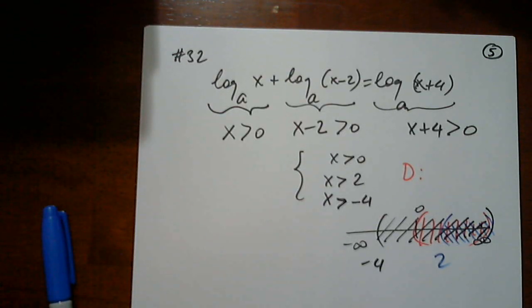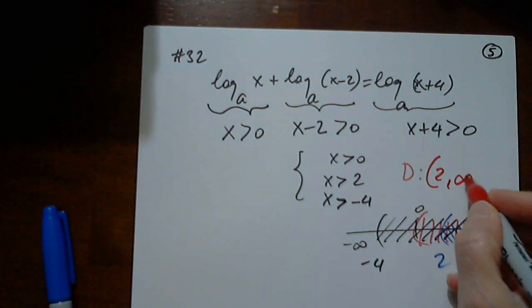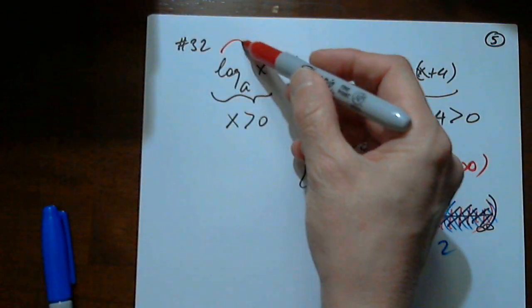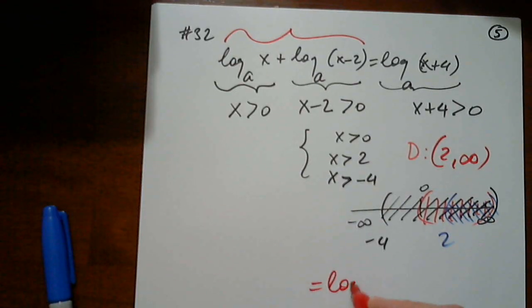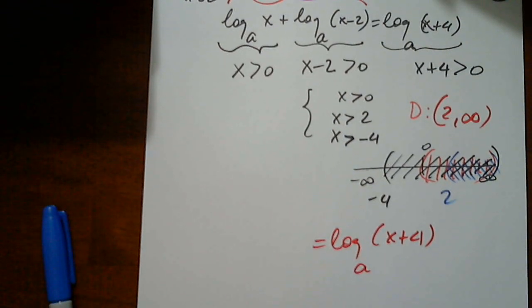Is anyone courageous to say something? Would it be 2 to infinity? Absolutely. Thank you so much. 2 to infinity. Now, let's condense. How do we condense the left-hand side? Log x plus log x minus 2. Anyone remembers how to condense the left-hand side? Actual log.